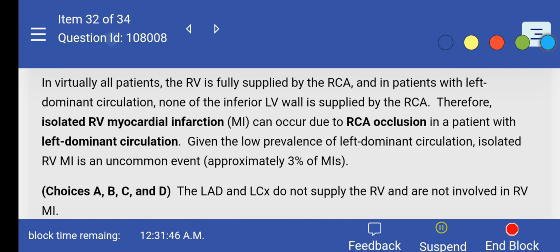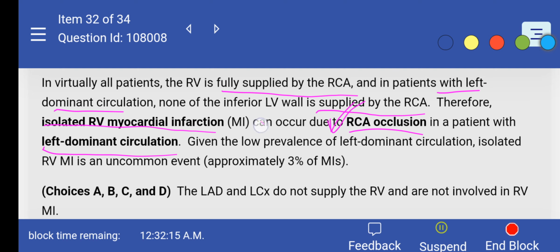In virtually all patients, the right ventricle is fully supplied by the RCA, right? And in patients with left dominant circulation, none of the inferior left ventricular wall is supplied by the RCA. Therefore, isolated right ventricular myocardial infarction can occur due to RCA occlusion in a patient with left dominant circulation.